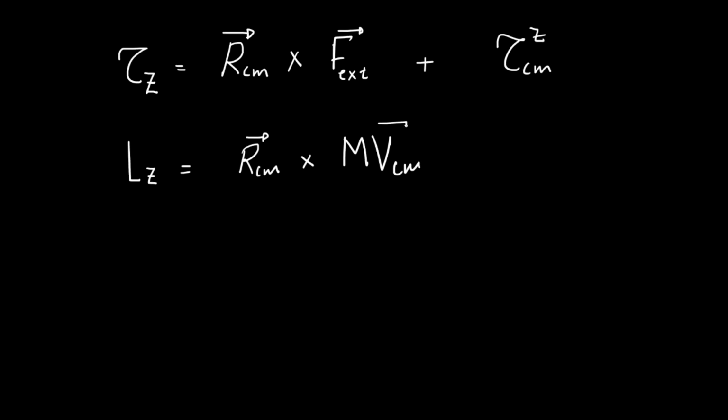Mind you, this is exactly like the angular momentum of a particle, where the particle is of mass m, plus ICM omega at that instant of time, and so on.